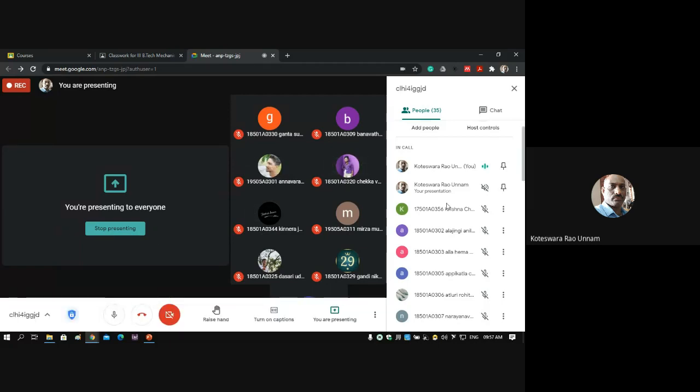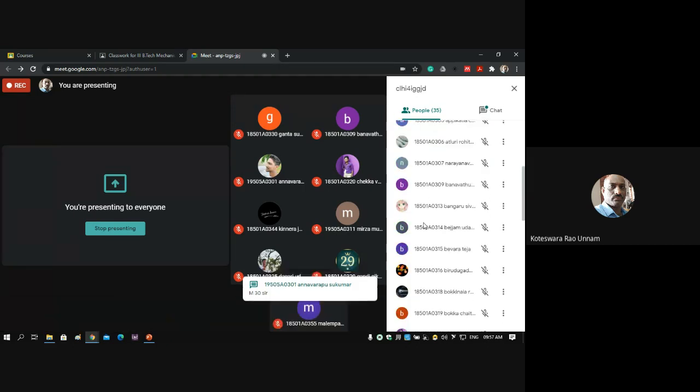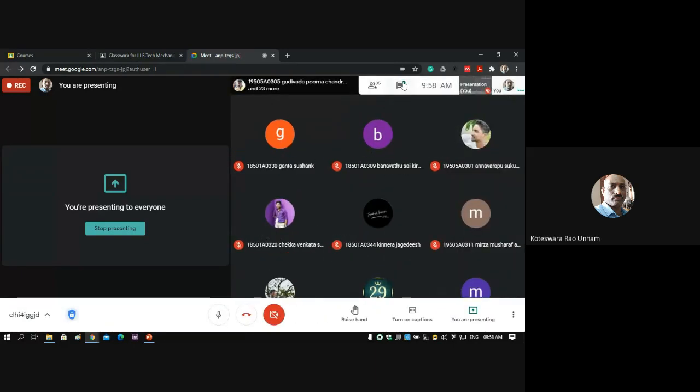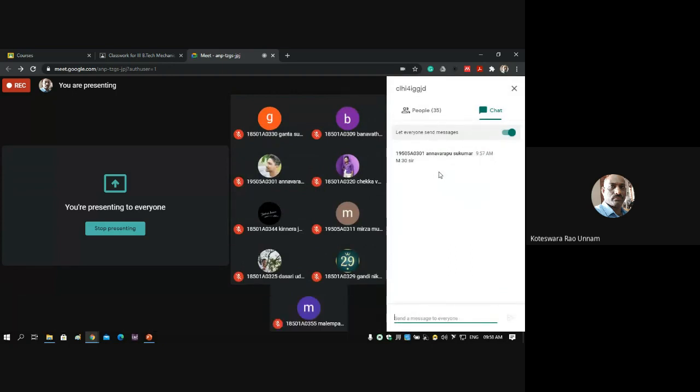Nobody has given me the answer so far. M30, someone commented M30. What is the area for M30? Put that in the comment box.